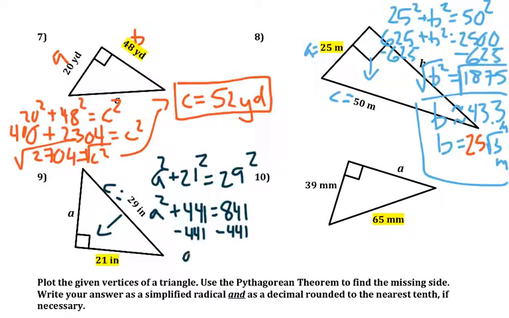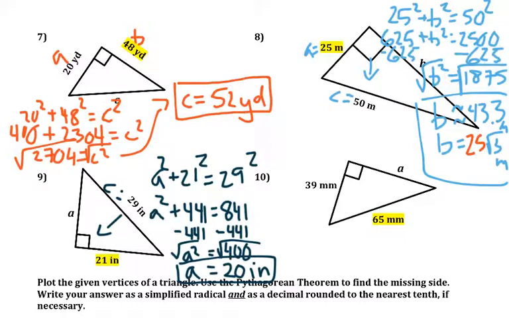And we get that A squared is equal to 400. So taking the square root from both sides, we get that A is equal to 20. And it's an exact, so we don't have to do an approximation or simplify our radical expression. So we just say it's 20 inches. So A equals 20 inches.